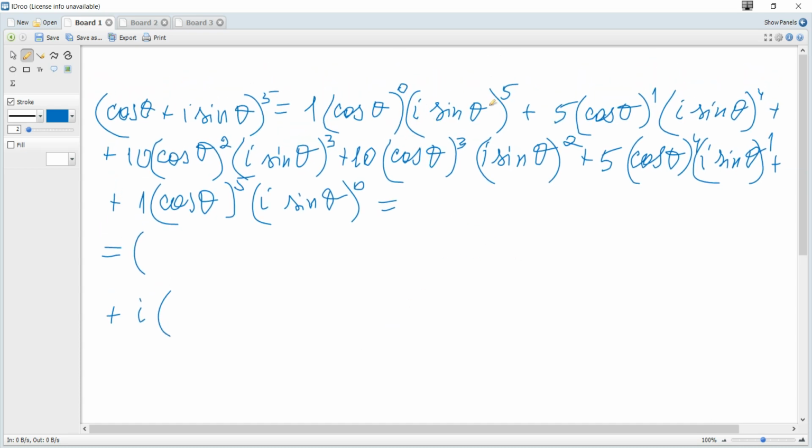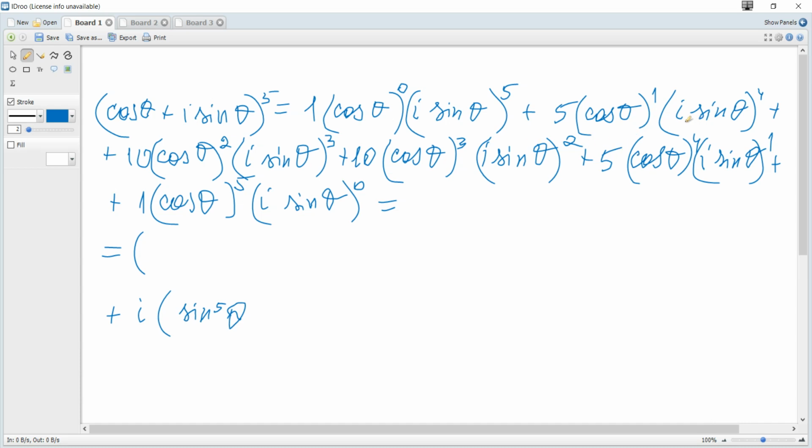We can see i^5, and you remember that i squared is negative 1, i cubed is i squared times i, so it's negative i, and i to the power of 4 is i squared squared, so it's plus 1, and hence i to the power of 5 is i^4 multiplied by i, so it's plus i. So it's just sin^5 θ, and together with i it goes to the imaginary part.